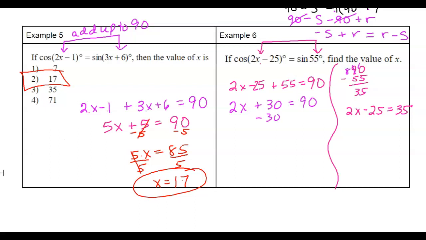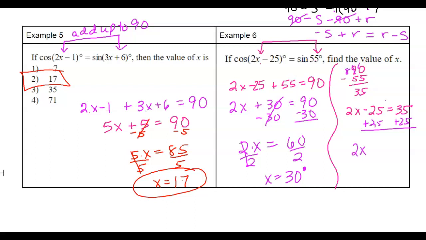So subtract 30. I get 2x equals 60. Those are being multiplied, so divide by 2, and x equals 30, which is what they wanted. And not 30 degrees, sorry, just 30. If I used the other equation, 2x minus 25 equals 35, I would add 25.